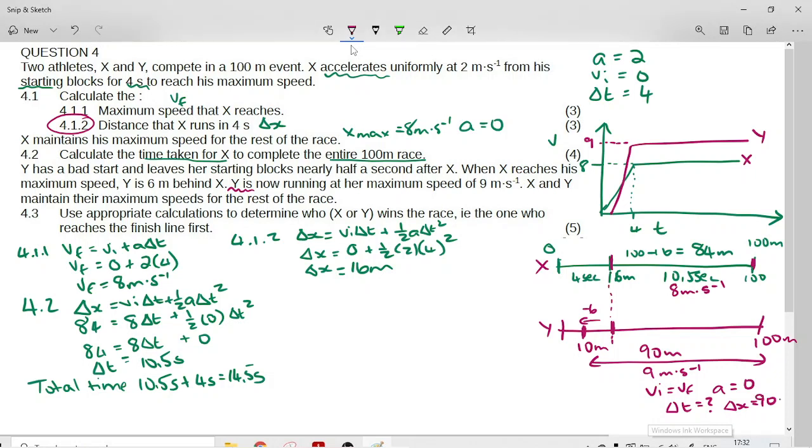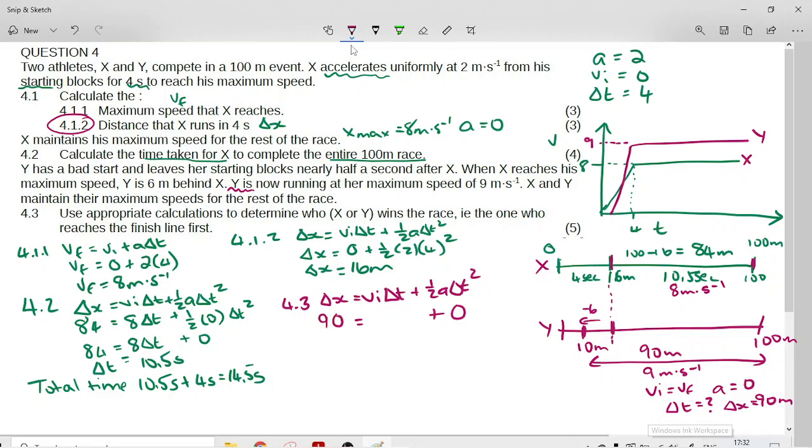She needs to run 90 meters to get to the finish line because she's 10 meters from the start when she reaches her maximum speed according to the question. So we can still use this exact same equation of motion that we've been using: delta X equals VI delta T plus a half A delta T squared. Now remember, she's not accelerating, so this term is going to go to 0 because anything multiplied by 0 is 0.